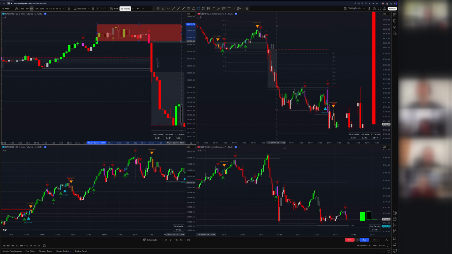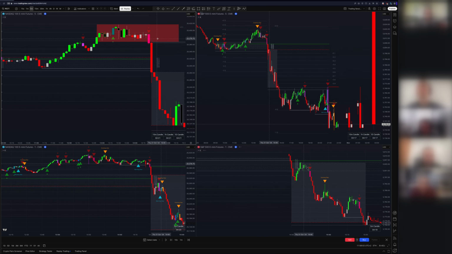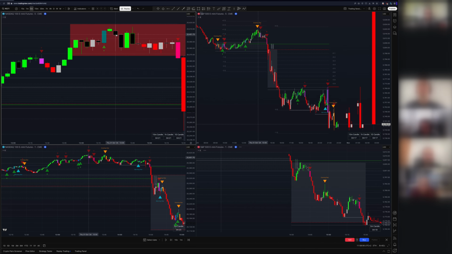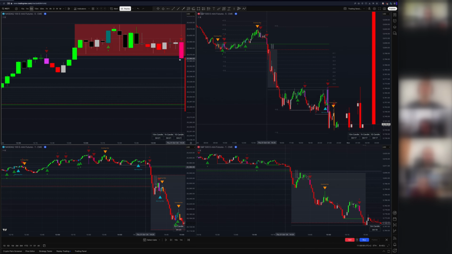We broke out below here and we broke out strong. A strong breakout is when the bar is closing well below, and the close of the bar must be almost at the bottom of the bar. There should be almost no downwick.